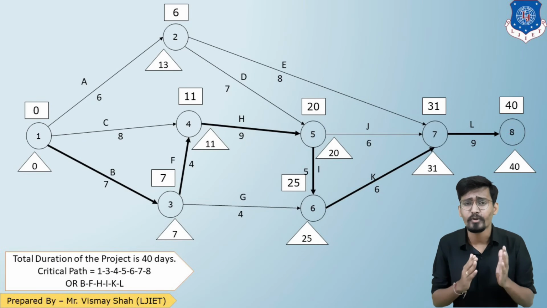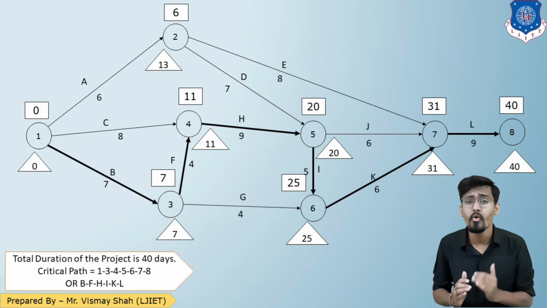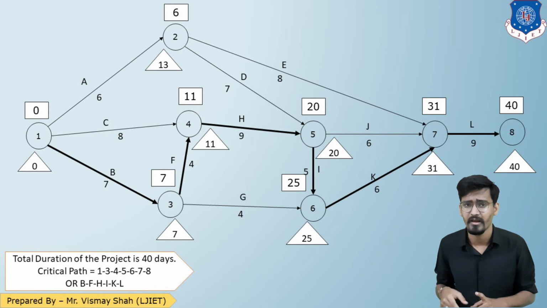So the concept of free float is which activities are coming out from which activity. So first we are talking about activity A. For activity A, D and E are coming out. So we need to check the EST of D and E, and that value is to be subtracted from EFT of A.